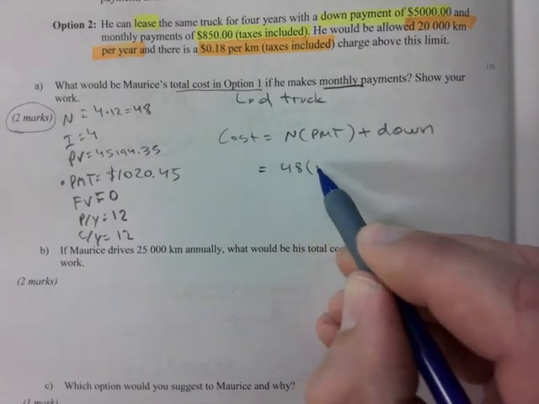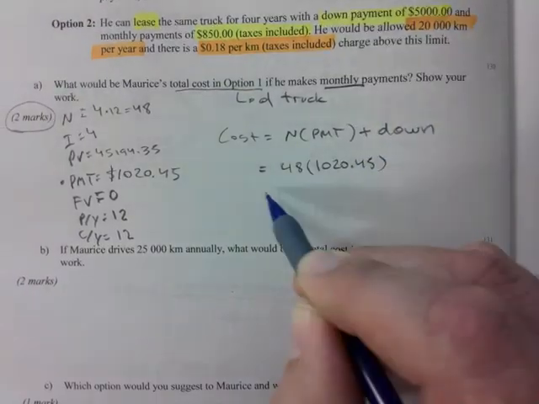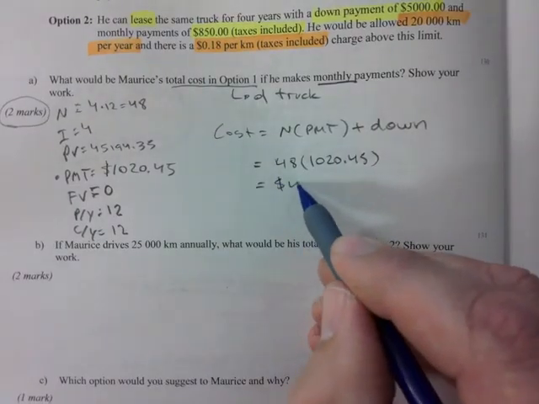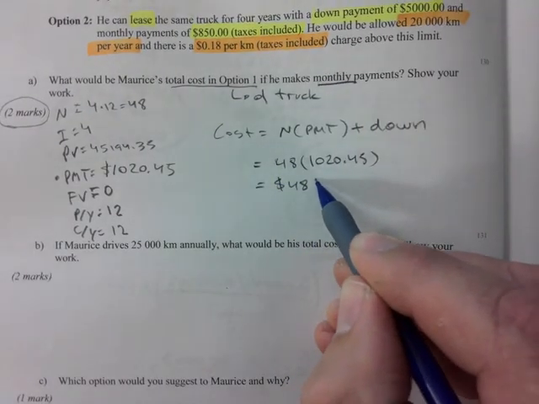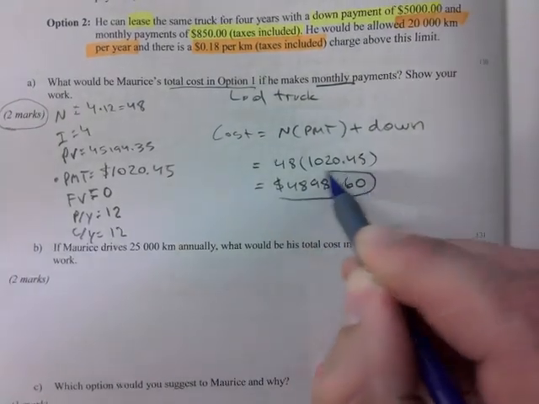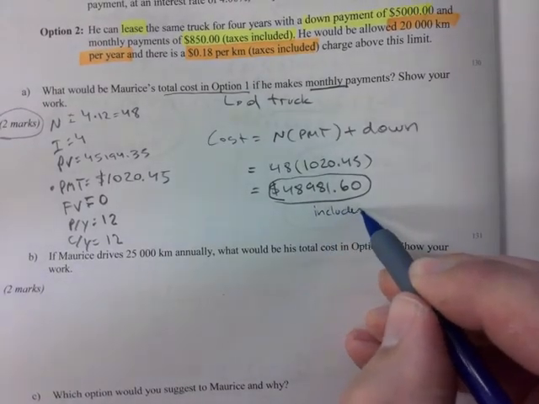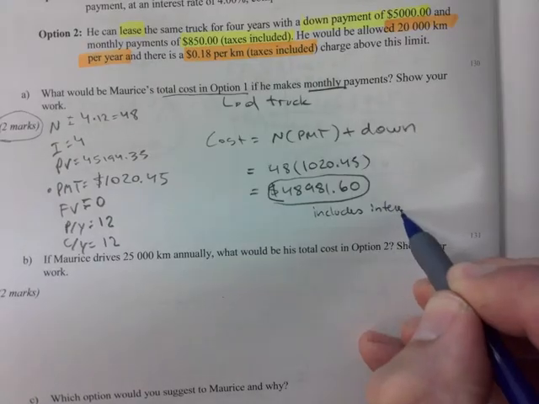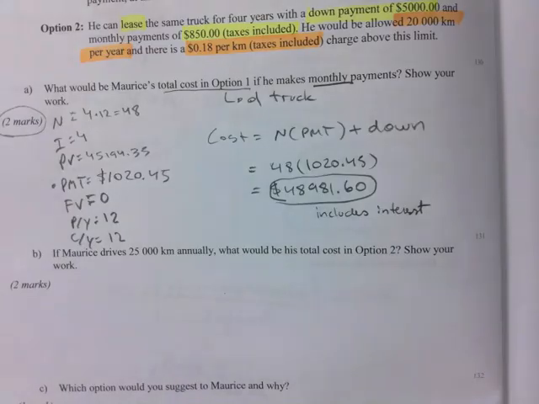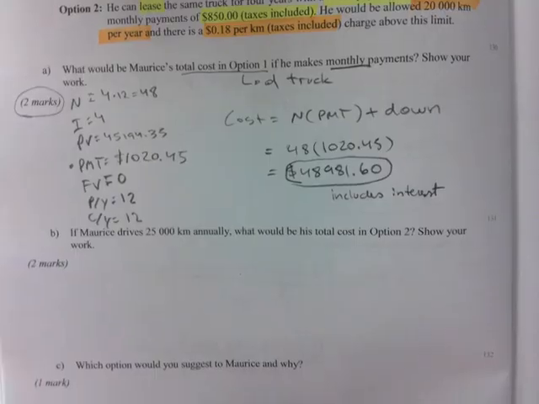So 48 times 1,020.45, and that gives you $48,981.60. That includes interest. That's why you end up paying back more than what you borrowed, because they've added interest over the months.